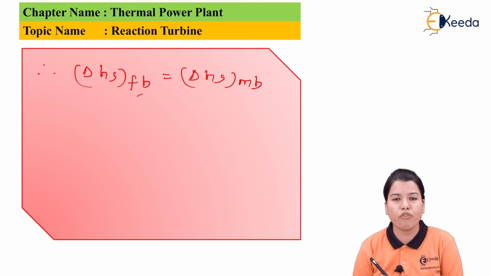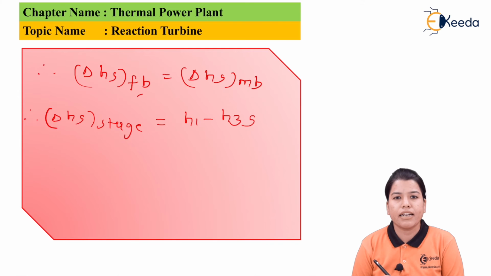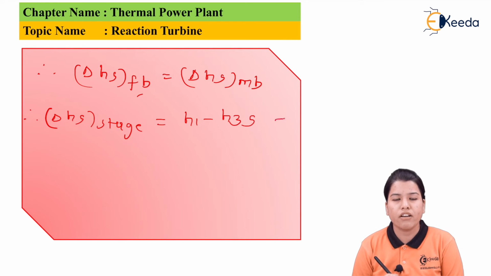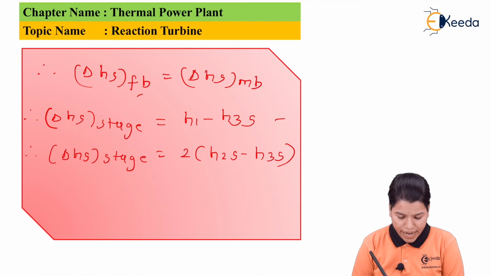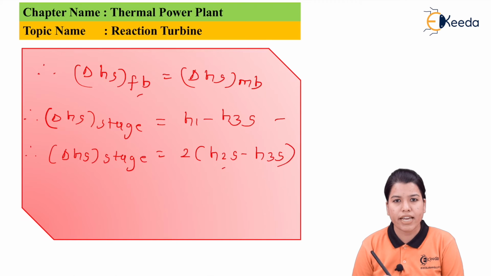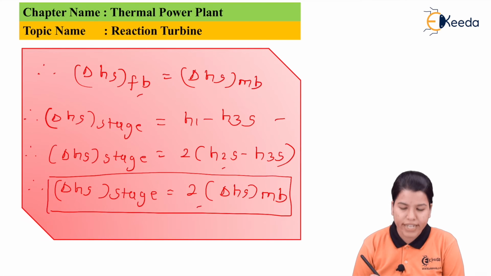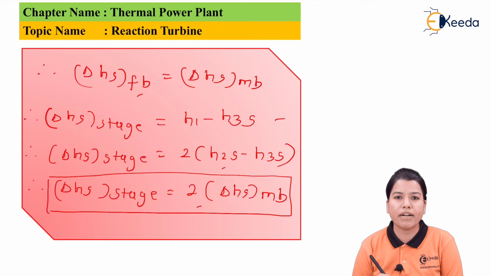Hence the enthalpy drop for the particular stage can be written as delta HS stage is equal to H1 minus H3S. Further, we can simplify this equation as it is equal to twice H2S minus H3S. Hence, we can write the enthalpy drop for the particular stage is equal to twice delta HS MB, that is 2 multiplied by the enthalpy drop of the moving blade.